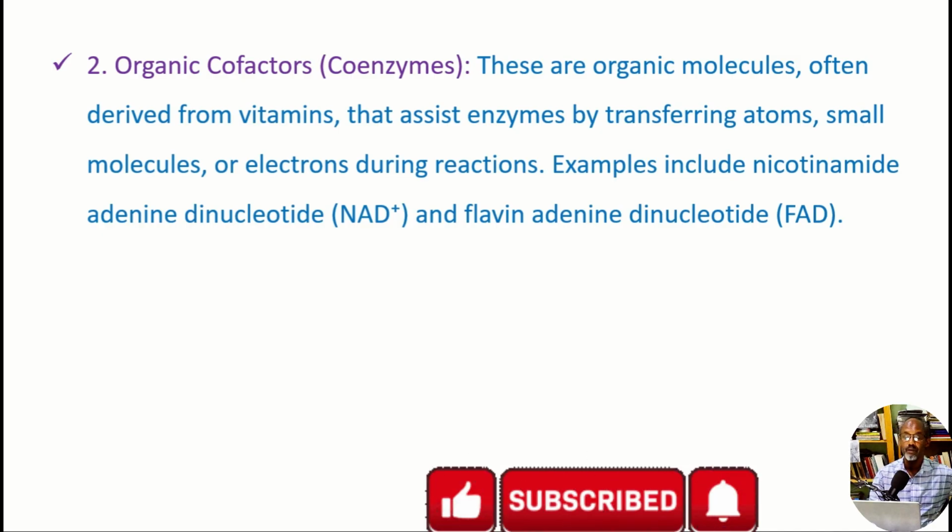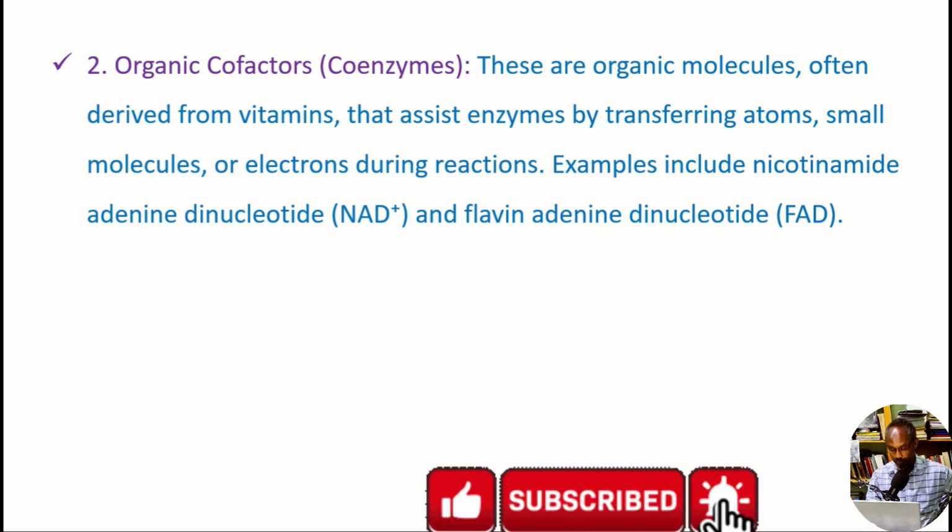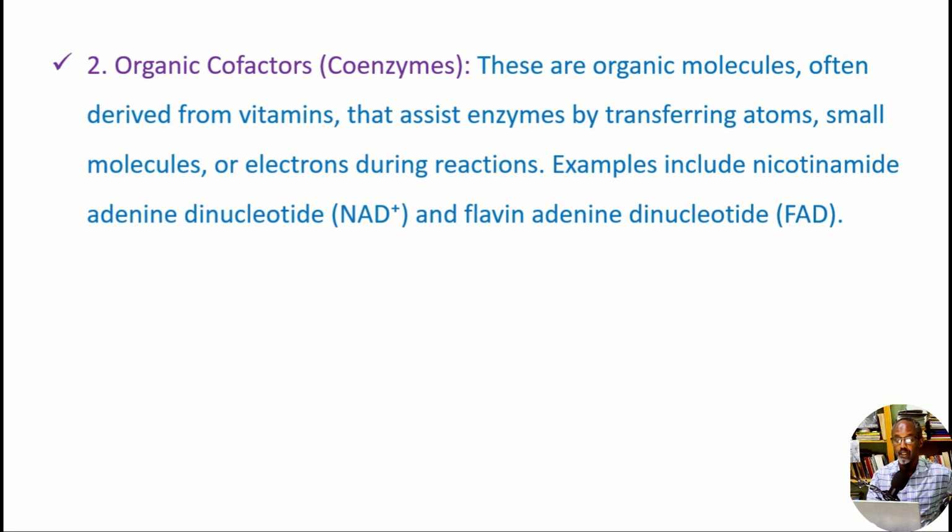Like NAD, you know NAD. NAD is involved in many parts of the glycolytic and respiratory pathways, in the glycolytic pathway, the link reaction, the Krebs cycle, and also interacts with the electron transport system complexes.